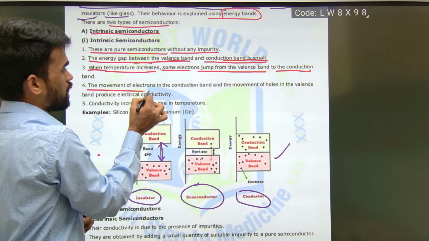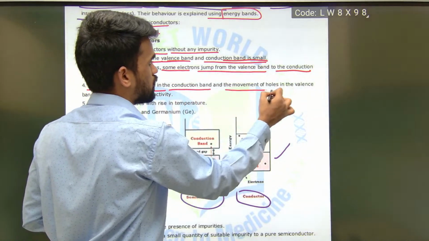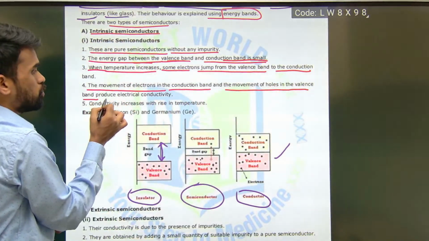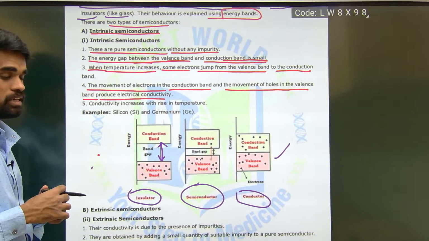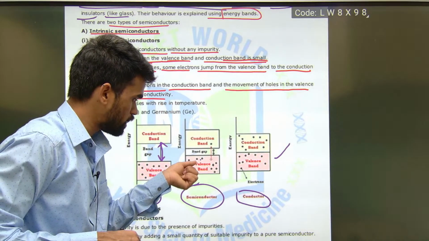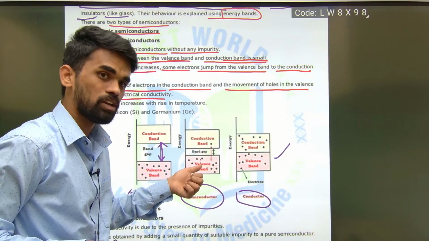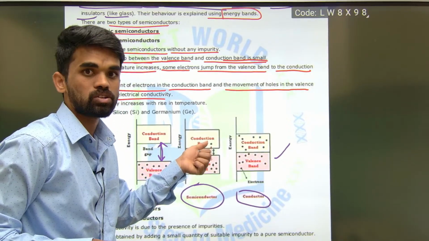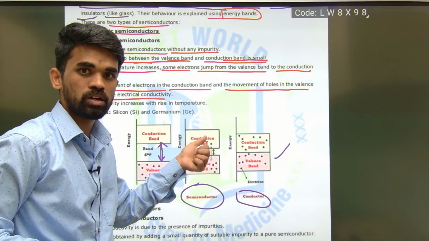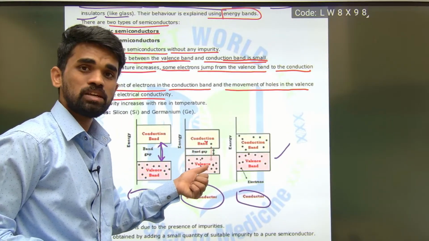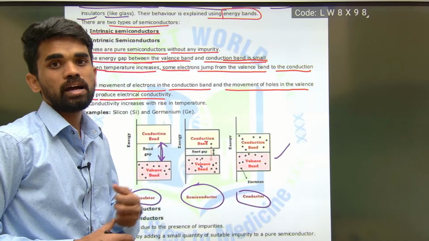The movement of electrons in the conduction band and movement of holes in the valency band provides electrical conductivity. When an electron jumps from the valency band to the conduction band, it creates a hole in the valency band and an electron in the conduction band, so due to the movement of this electron and holes, we can expect conductivity.